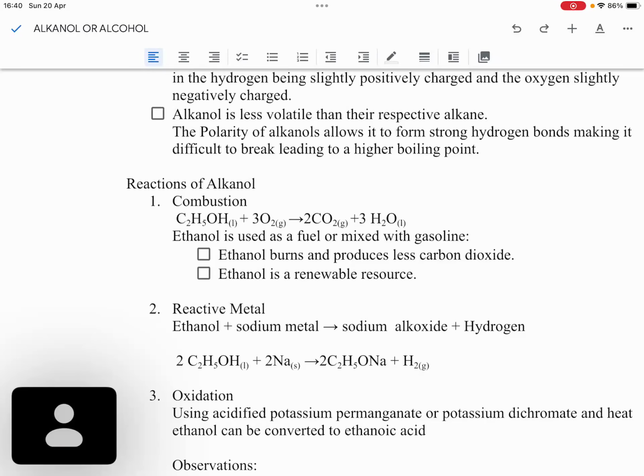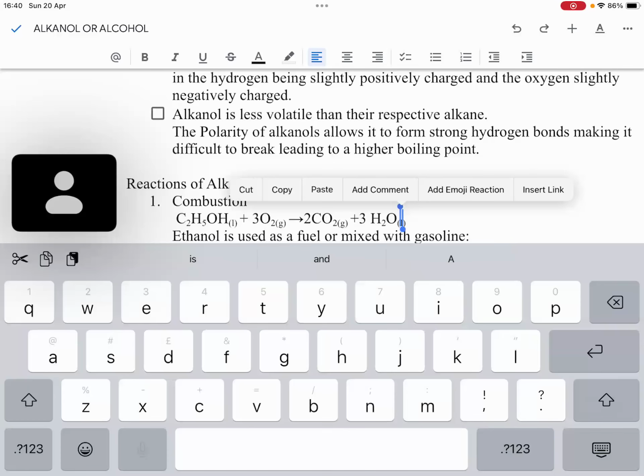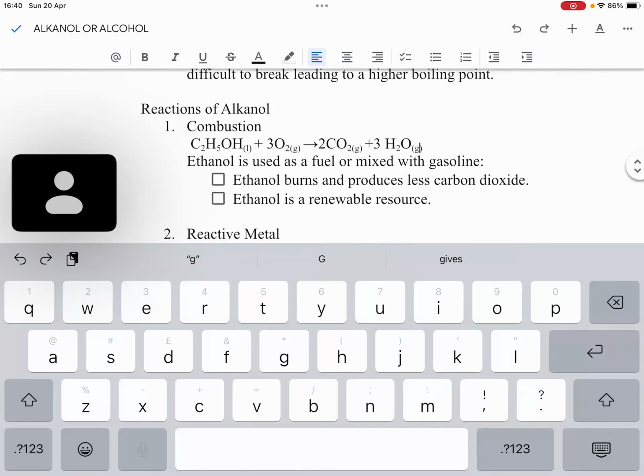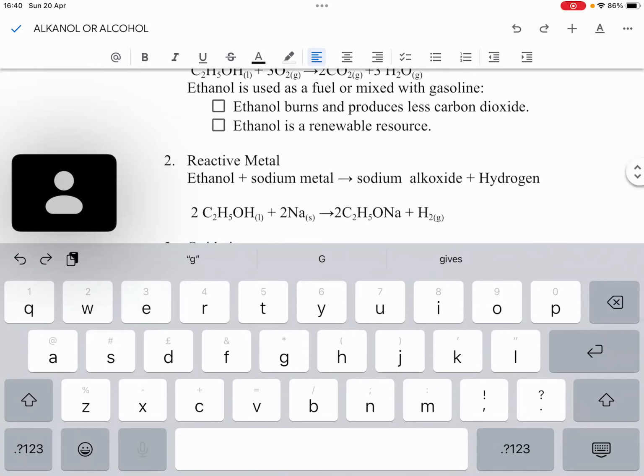Like every other organic compound, they burn in oxygen to produce carbon dioxide and water vapor. So ethanol is used as a fuel by itself, or it is mixed with gasoline. The reason is that when ethanol burns, it produces less carbon dioxide compared to gasoline, and ethanol is a renewable resource.